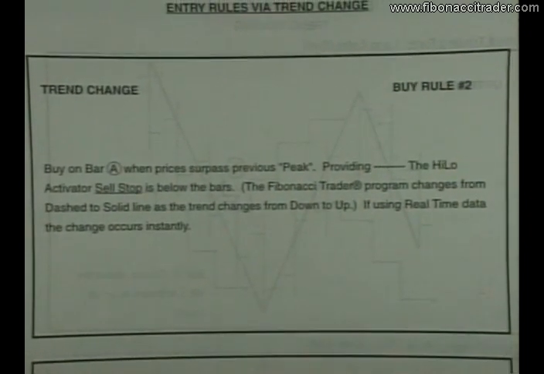Okay. Buy, and we will come back and show you the chart. Buy on bar A when the price surpasses the previous peak, providing, and this is page 32 by the way, the high-low activator sell stop is below the bars. Let me show you what this means.